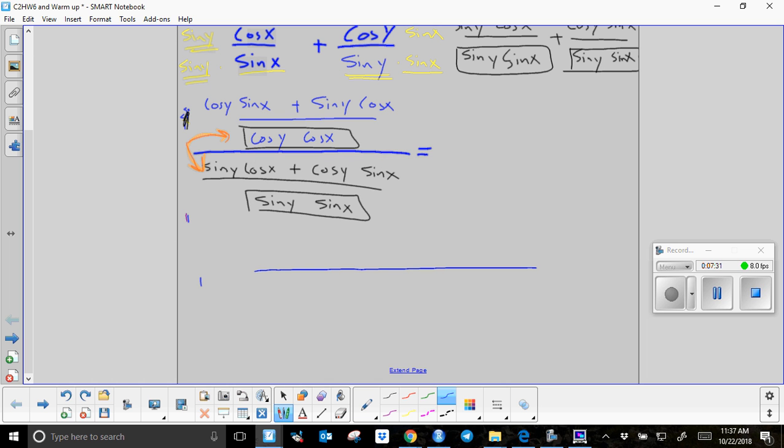Okay, so I'm going to use cosine of y, cosine of x, times sine y cosine of x, and I'm going to put it in the box like it is, times, I'm going to put a parentheses, and write whatever is over here: sine of y cosine of x plus cosine of y sine of x.